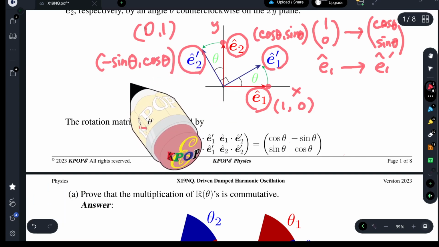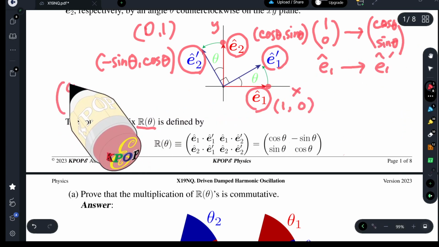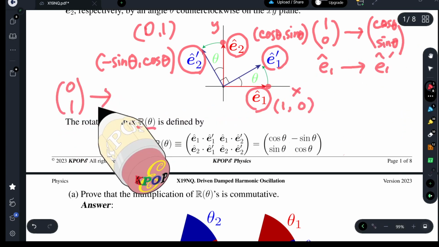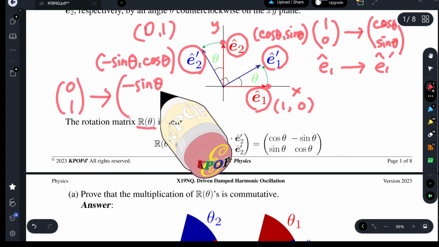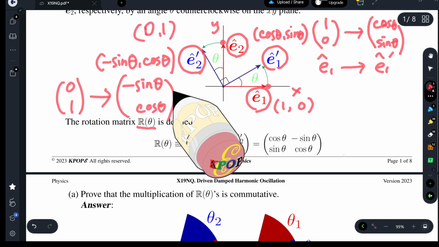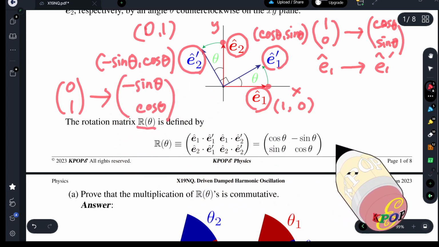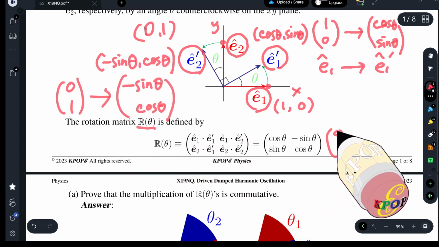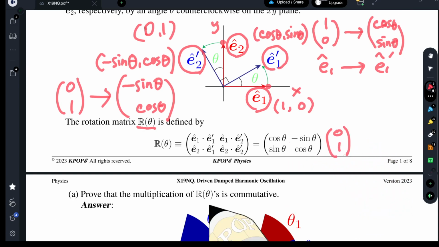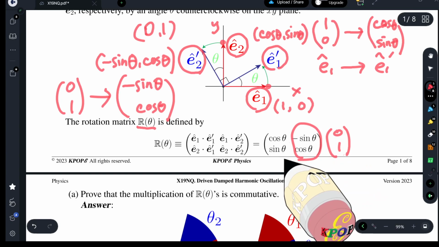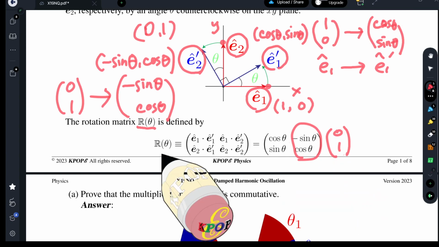As a result, if you rotate this vector, your final result will be minus sine theta and cosine theta. This should be read off from the matrix. If I multiply 0, 1 to here, then I can collect the second column of this rotation matrix.